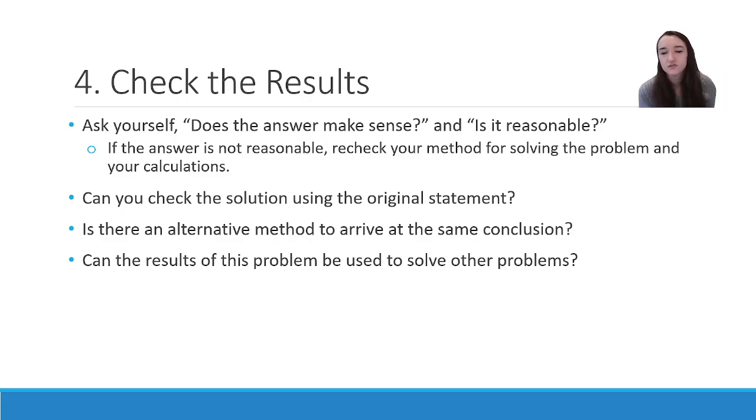Or if I ask you for the area of a classroom, and you tell me it's 5,000 square feet, well, that's not a crazy number, maybe.